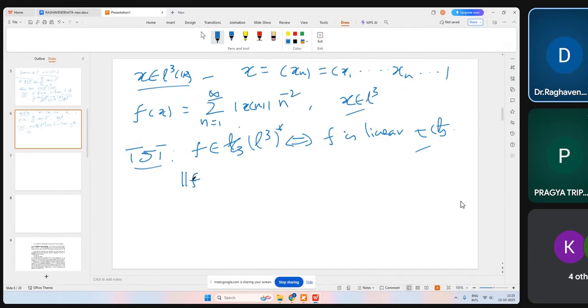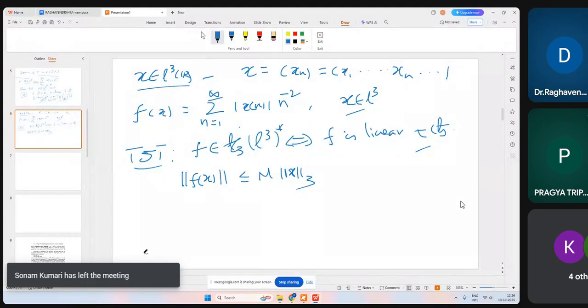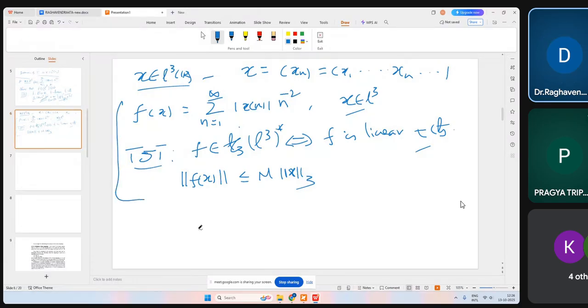The norm of f(x) is less than or equal to some constant times the L3 norm of x. Yes or no? You don't write this step. These things you don't write. You don't know where to go and what to do. Kush, this is what I am telling you.